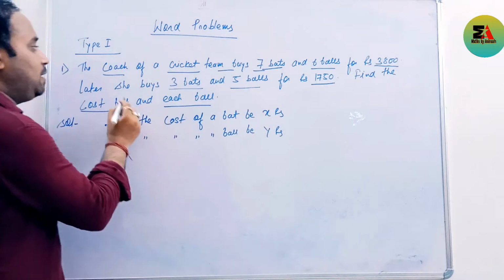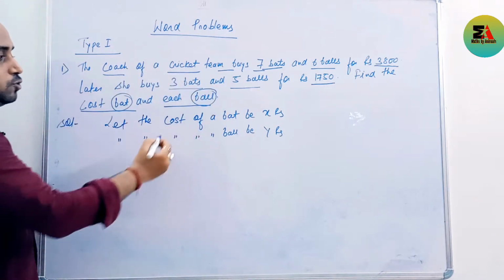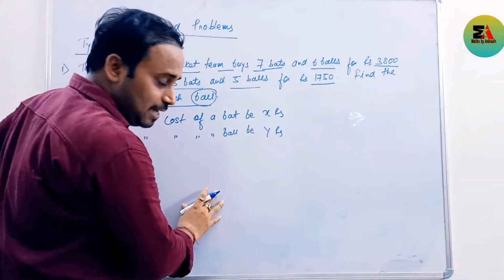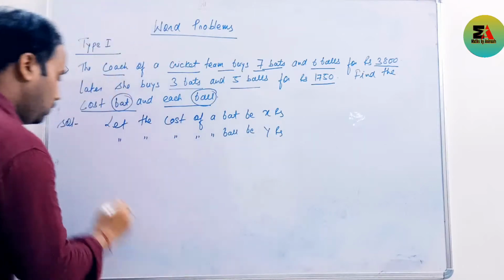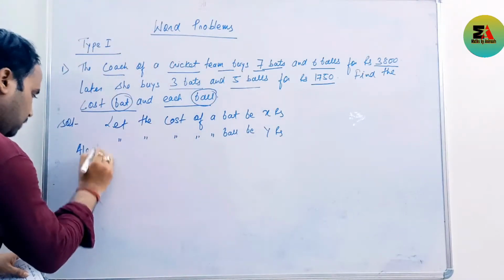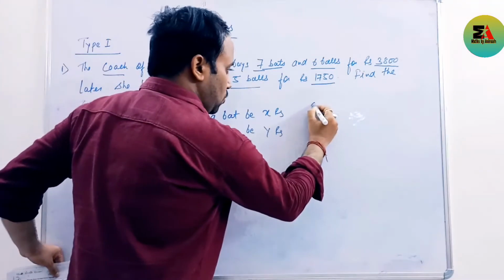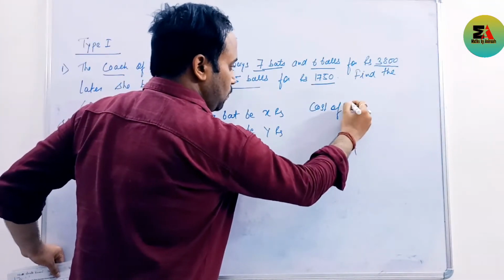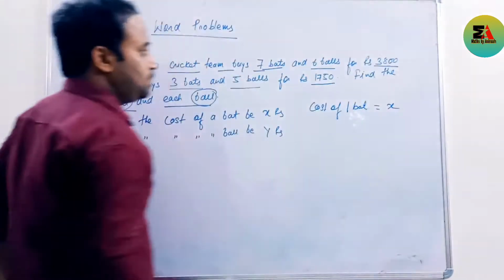We have two variables. The first variable is the cost of a bat and the second variable is the cost of a ball. We assume the cost of a bat is X and the cost of a ball is Y as variables. Now, according to the question, the cost of one bat is X rupees.